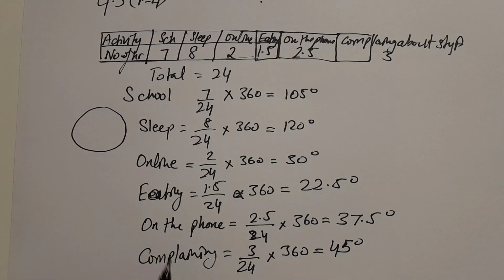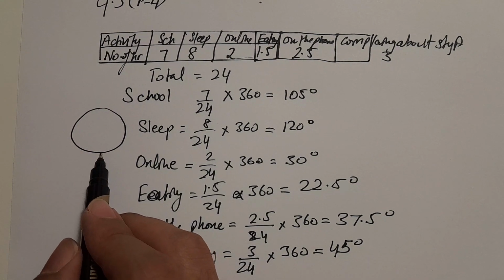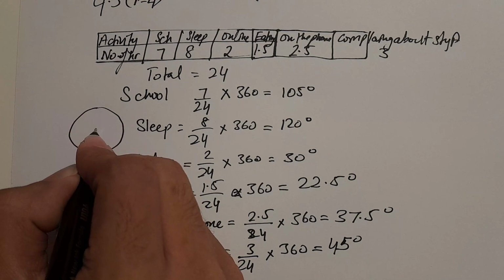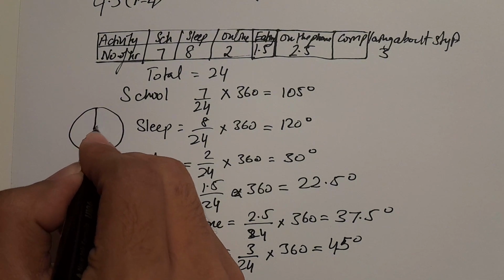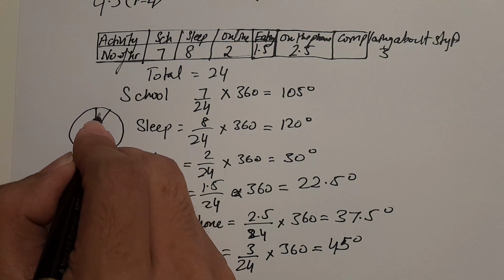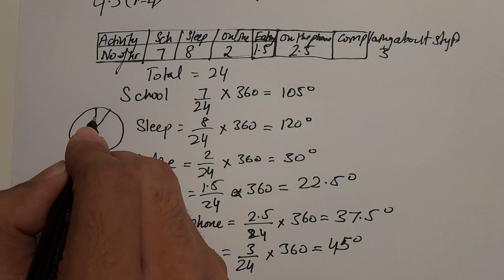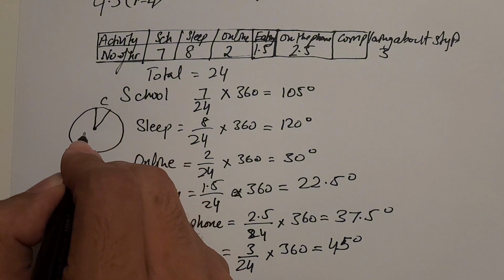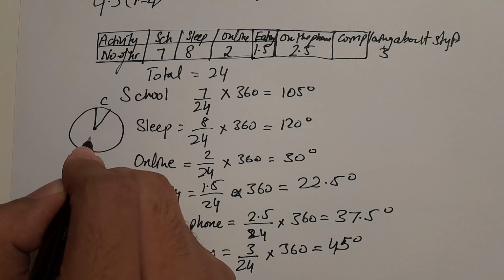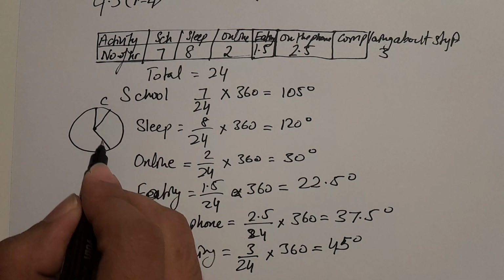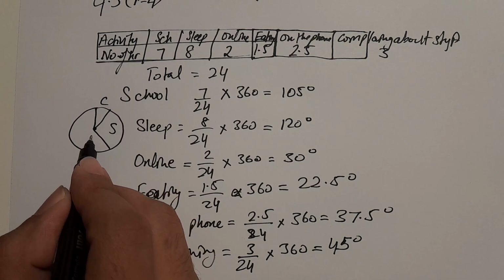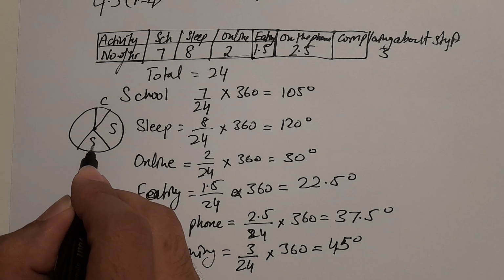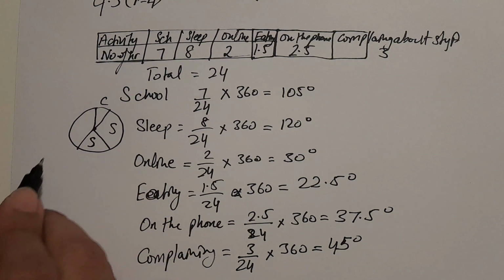So now we will use this and represent it in the circle. Over here like this, we will represent complaining. Then for school it will be here. Then for sleep this will be represented.